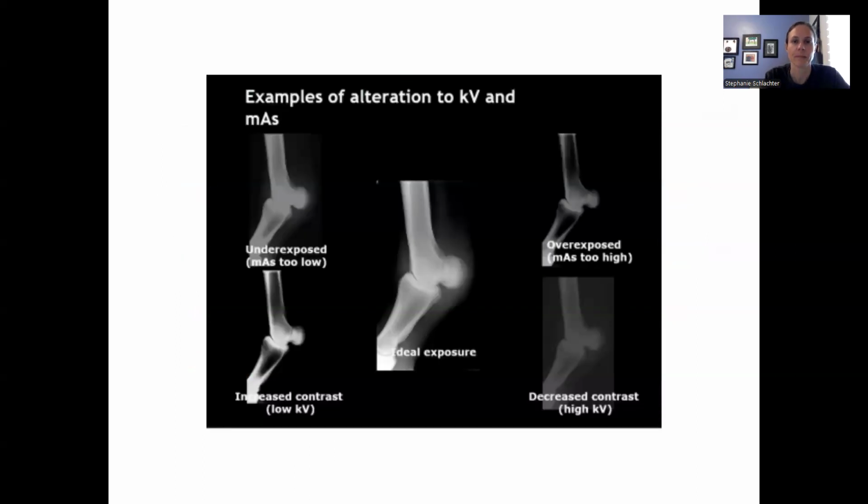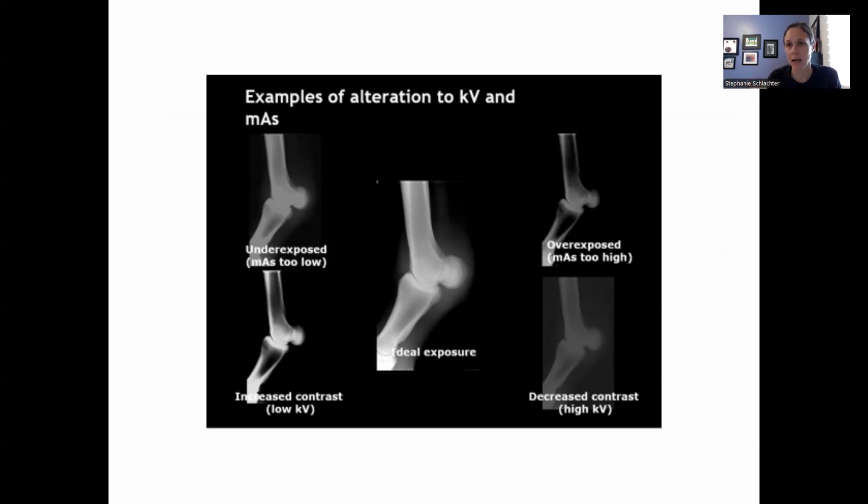So here's some, not examples of that 50%, but just kind of looking at, we're only going to look at the top since we're talking about MAS right now. That center image is kind of an ideal perfect image, if we will. If we look to the left, it is underexposed, right? It's too light, right? We're not getting great detail or anything like that. On the right, you can see we've burned through that bone now. It's too dark, right?